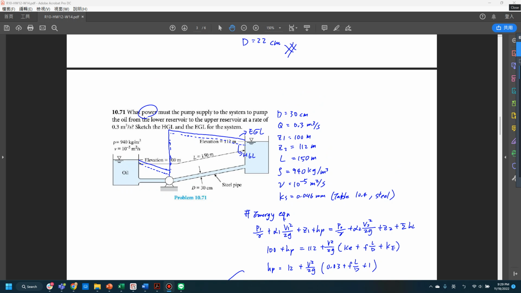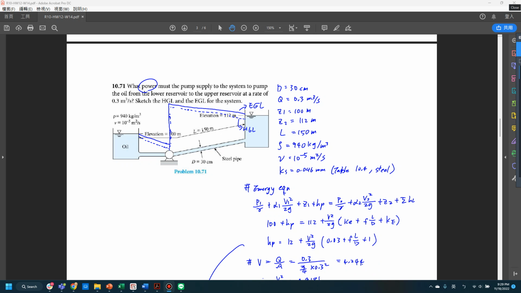Right, so again, similarly, follow the same procedure. We write down the basic information for this problem on the top right corner. The diameter equal to 30 centimeter, flow rate equal to 0.3 cubic meter per second, z1 and z2 equal to 100 and 112 meters respectively, and the length of this pipeline is equal to 150, density is 940 kilogram per cubic meter.